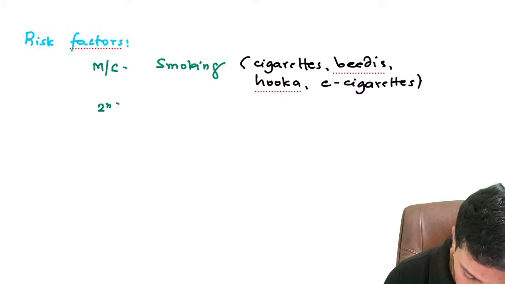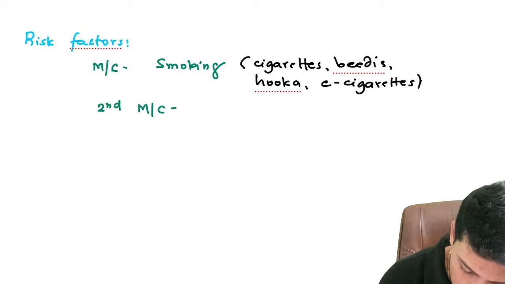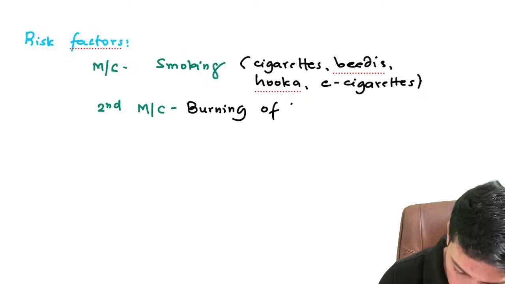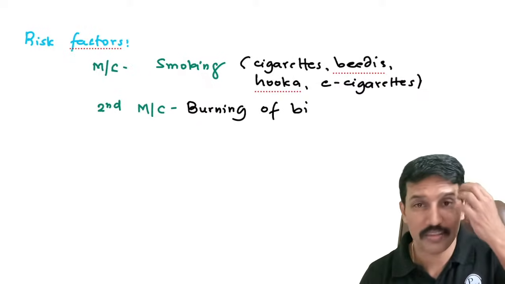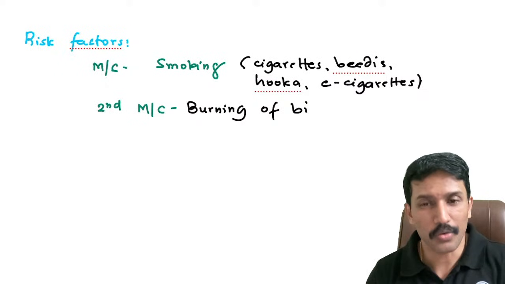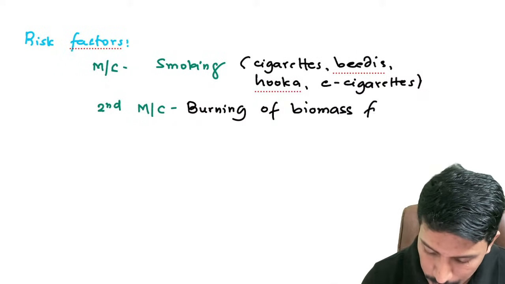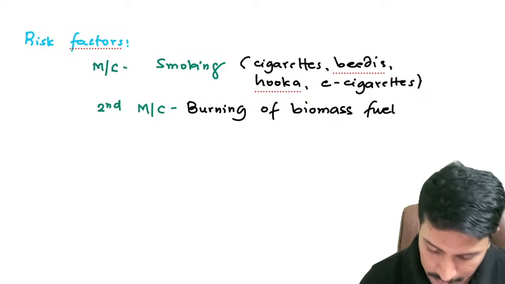And then the second most common risk factor is burning of biomass fuel. Means the wood logs, cow dung patties that are used for cooking, right? That is biomass fuel. Burning of biomass fuel also is a risk factor.